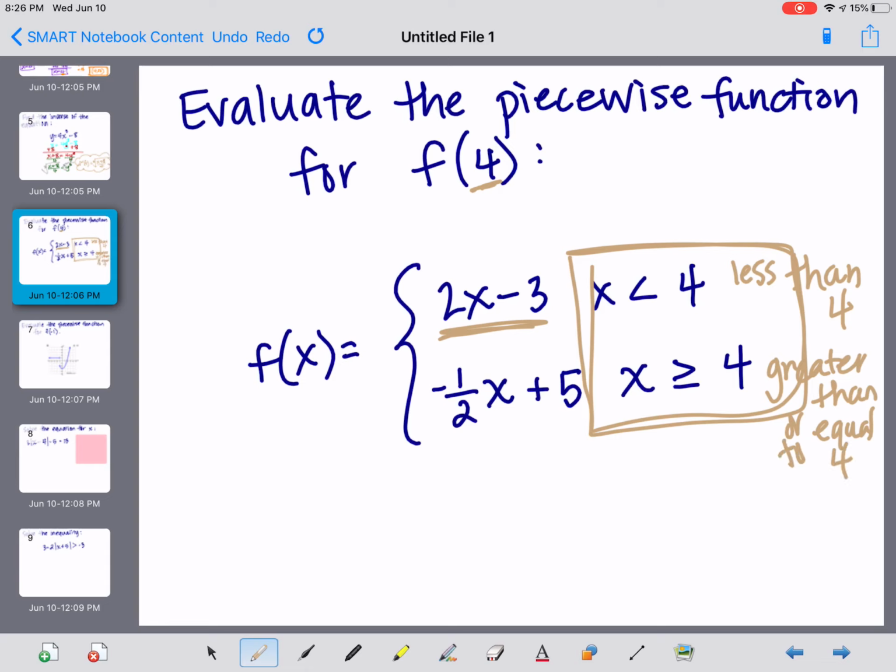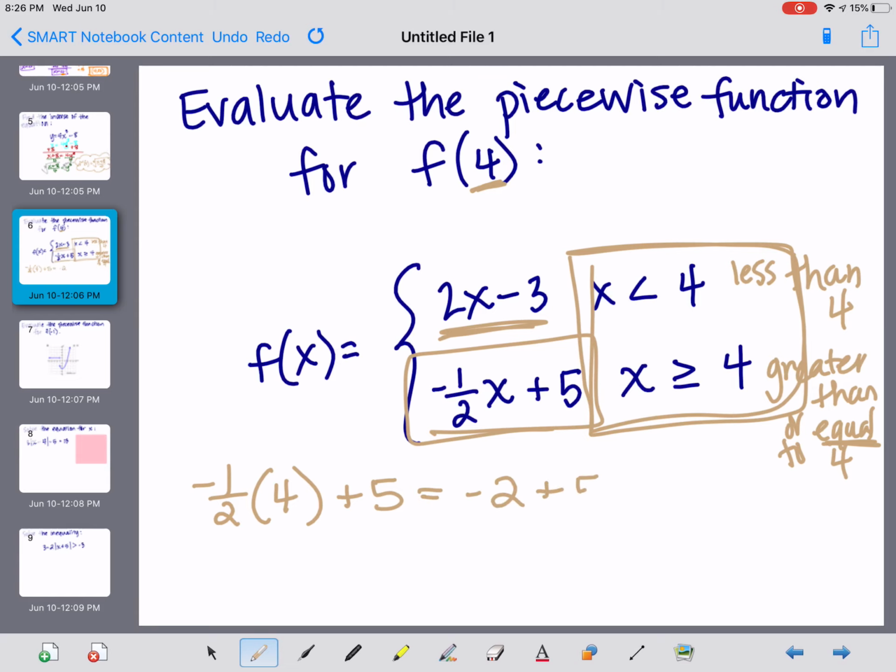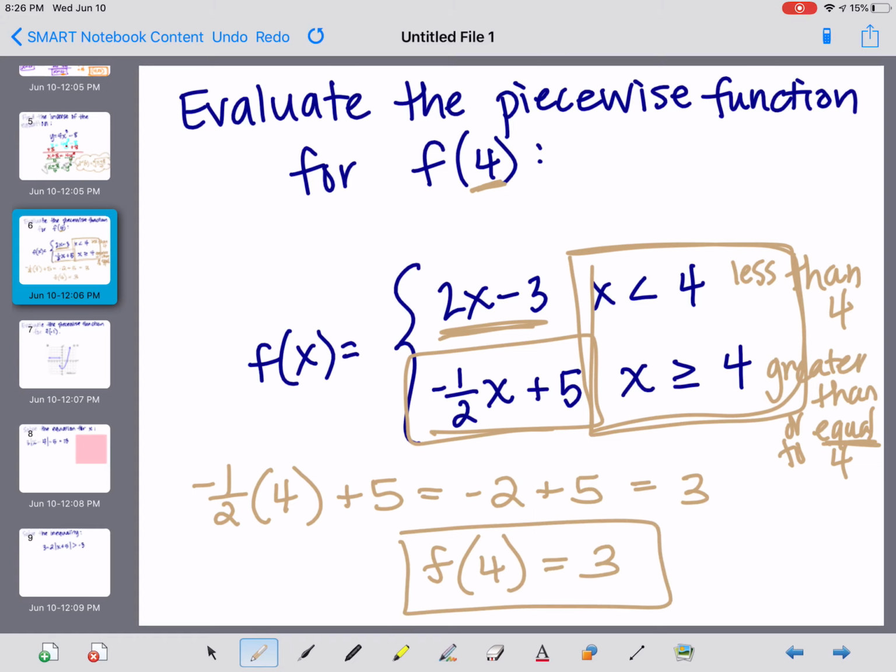Okay, so 4 will fall into this because it's equal to. So I'm going to use this piece right here. So we're going to do negative 1/2 of 4 plus 5. So negative 1/2 of 4 is going to be negative 2. And then negative 2 plus 5 is 3. So f of 4 is going to be 3. Okay?